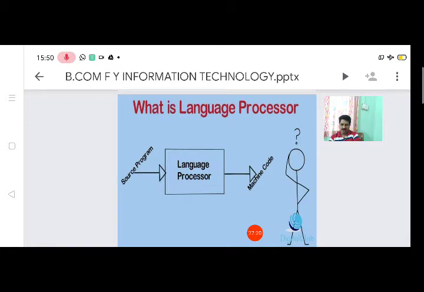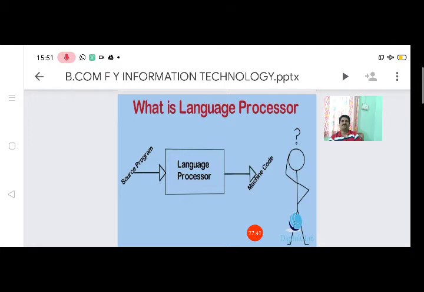A computer understands machine code, that is 0 and 1, the binary numbers. It is a tedious task to write a computer program directly in machine code.